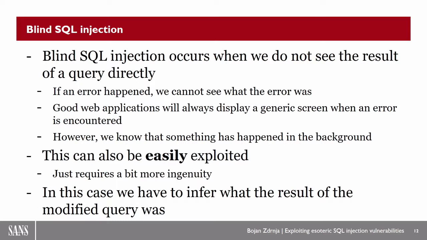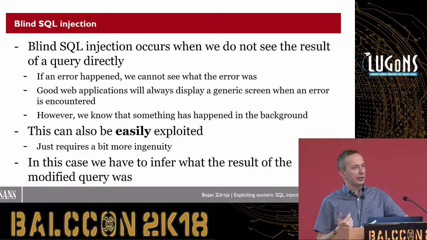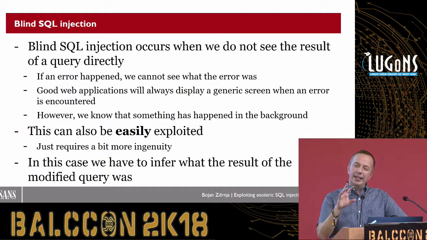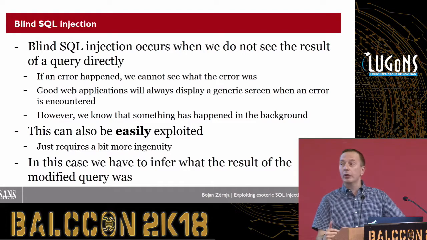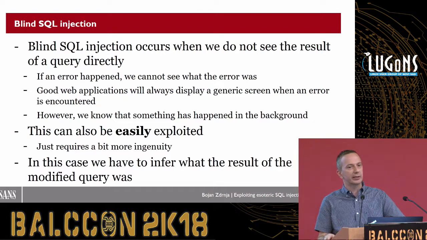So I know I messed up the SQL query, but the application prints back that an error has happened. So I need to find a clever way to actually deduce what's happening in the background. Maybe I can somehow modify the SQL query to figure out if my query was executed correctly or not.